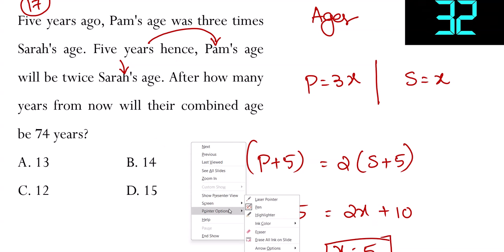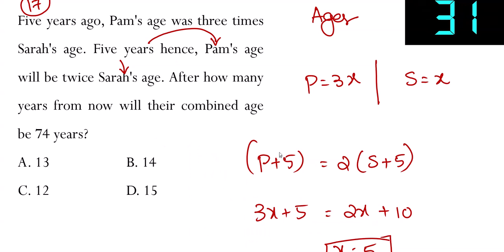Now their present age, is that x value 5? 3x plus 5 is twice Sarah's age, 2x plus 10. We got x value 5. Present age of Palm is 15 and Sarah is 5.